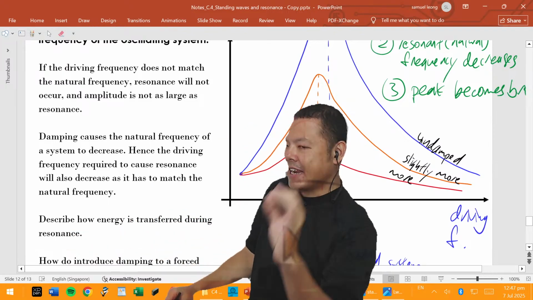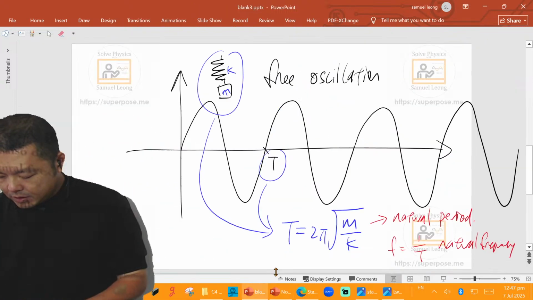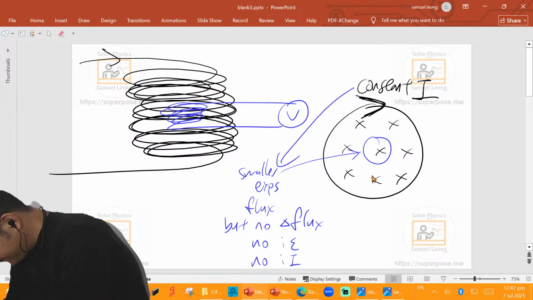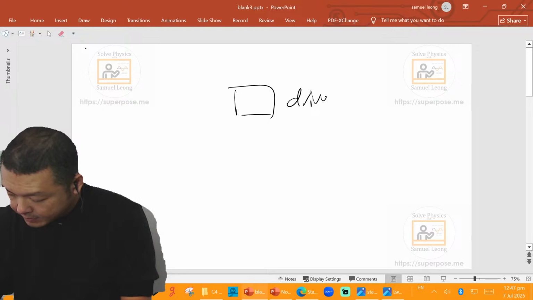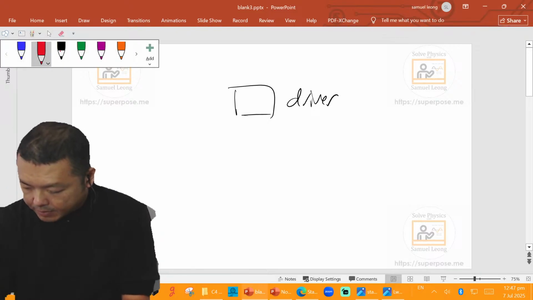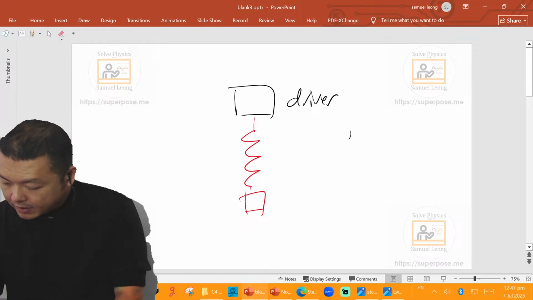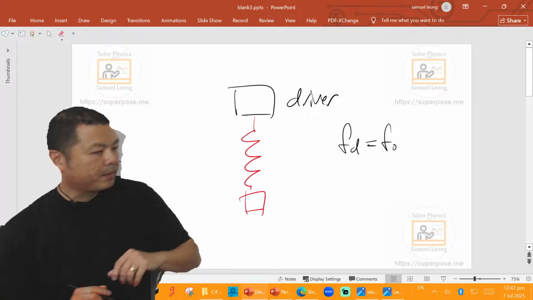But how about the energy? Okay. So if I have an oscillating system, this is my driver, and my oscillating system is like this. Let's say my driving frequency matches the natural frequency of the system.